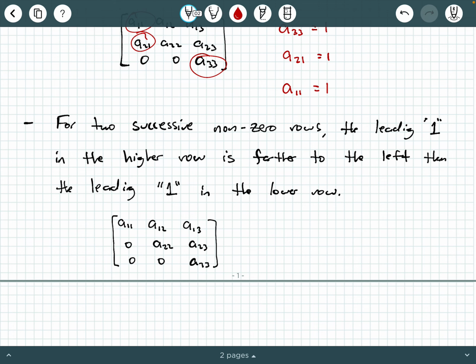So in this illustration here, which values must be equal to 1? Well, A11 should be 1, A22 should be 1, and A33 should be 1. So basically we're saying these 3 values should be 1, okay? So maybe take a second, rewatch this video, and understand these stipulations.